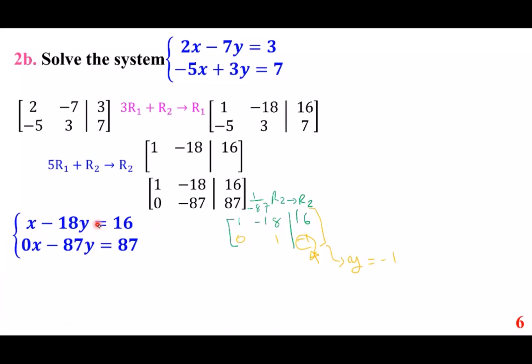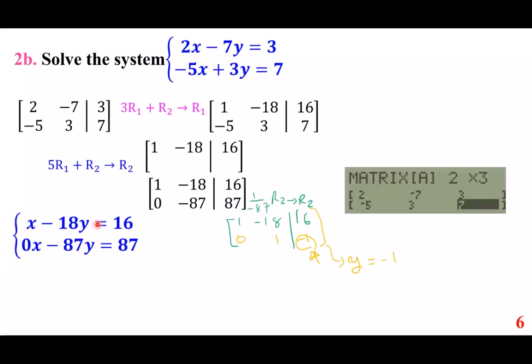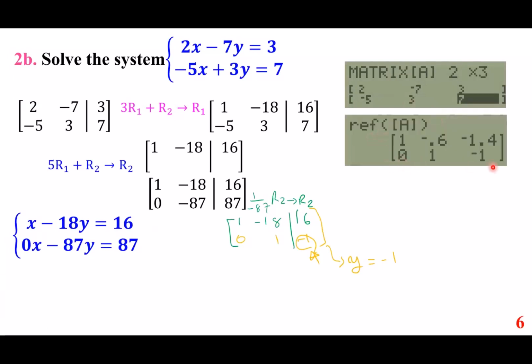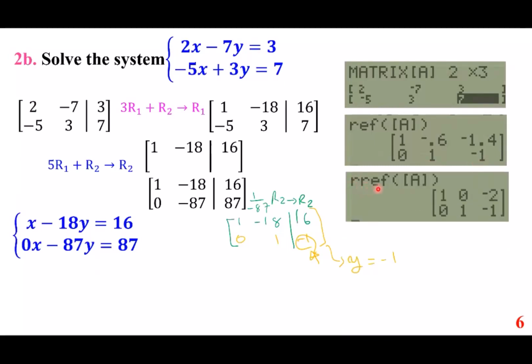So take a look at what we do now. We put the matrix in, and if you do REF, row echelon form, this is what we get. Again, it doesn't have to look like yours. What is important is that this should give you the same answer, which means y equals -1. Okay. Now, if you do RREF, reduced row echelon form, you don't have to do anything. It gives you actually the solution, because this is an identity matrix of 2 by 2.